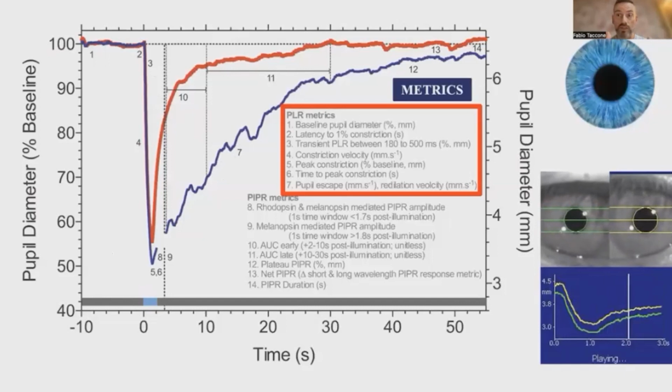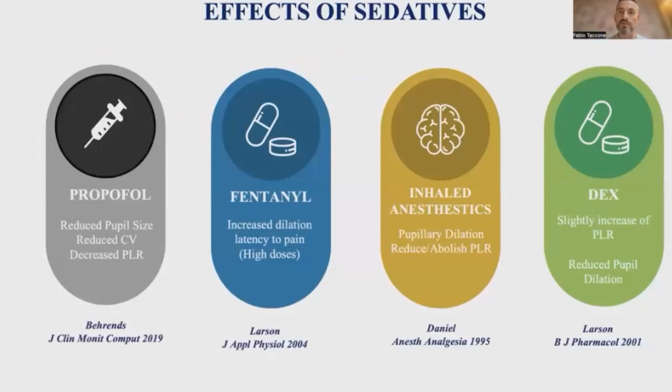These devices, which are able to quantify all these different metrics of the pupils, still have to face the confounders in the ICU of the use of sedatives and analgesics, because sedatives and analgesics will influence pupillary size, pupillary velocity, or constriction rate to the light. So if you use the pupillometer and look at the pupillary size and the pupillary light reflex on patients on sedatives and/or analgesics, this can confound, of course, the capacity of these tools to, for example, predict outcome.